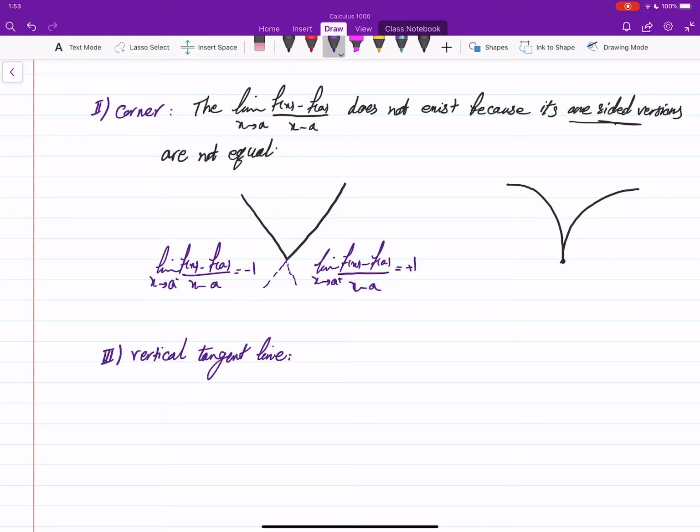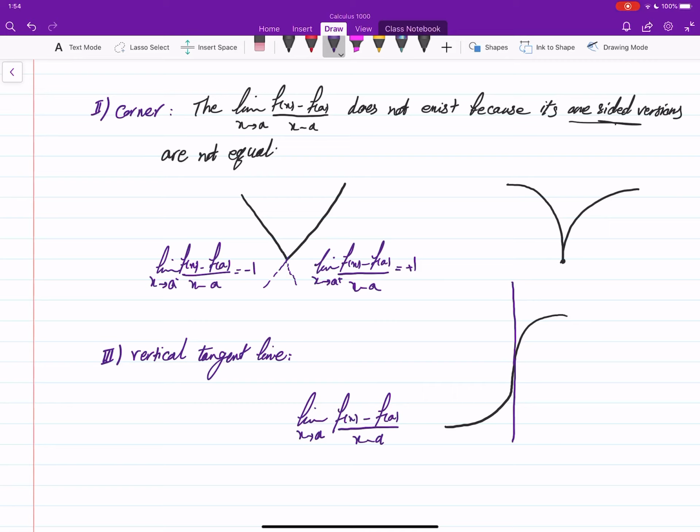So the tangent line exists, but the slope of the tangent line, which is the limit of f of x minus f of a over x minus a as x approaches a, is plus infinity or minus infinity.